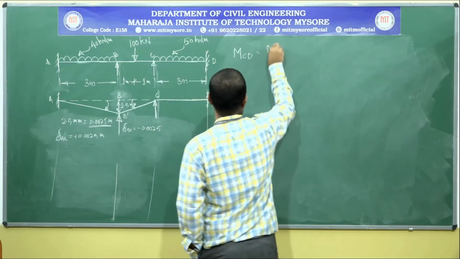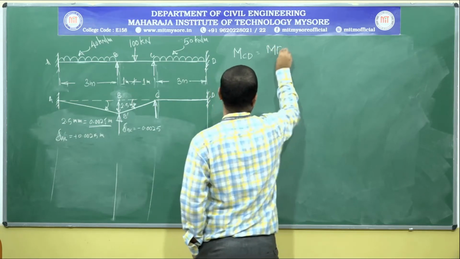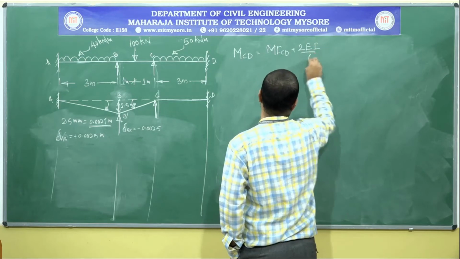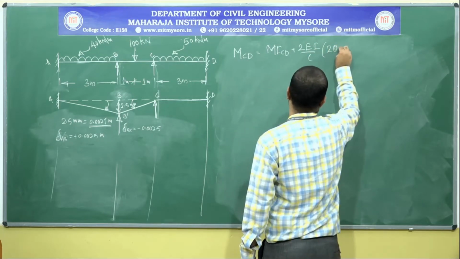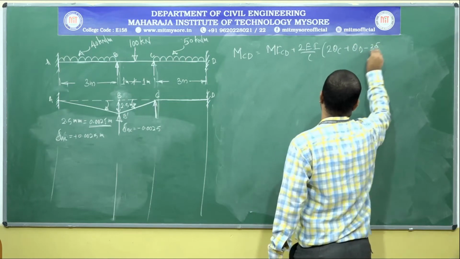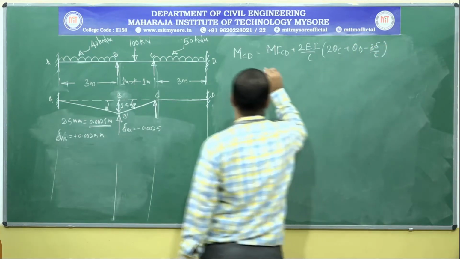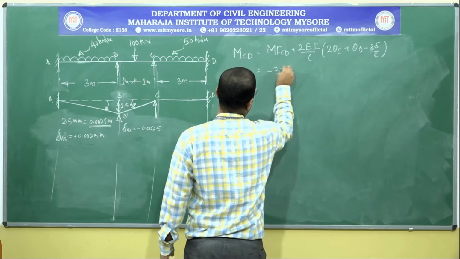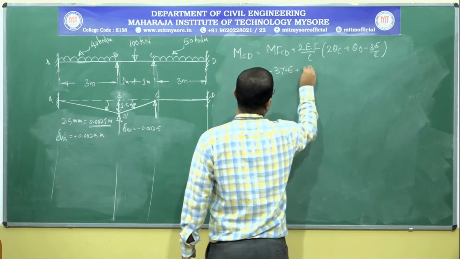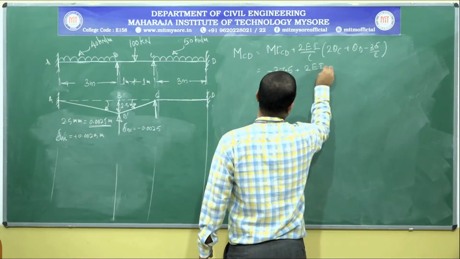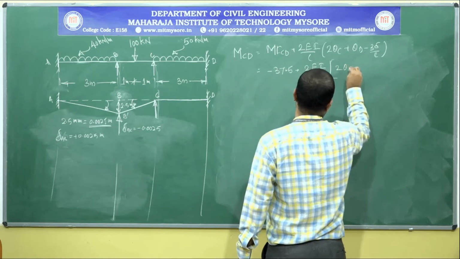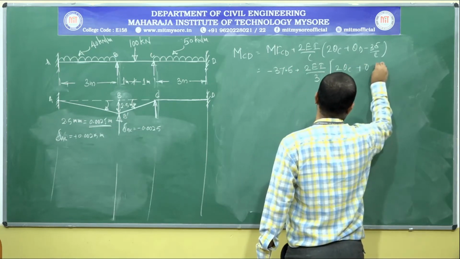MCD is MFCD plus 2EI by L into 2 theta C plus theta D minus 3 delta by L. So it is minus 37.5 plus 2EI by L, that is 3 meter, into 2 theta C plus theta D is 0.